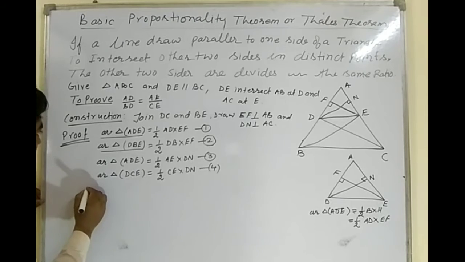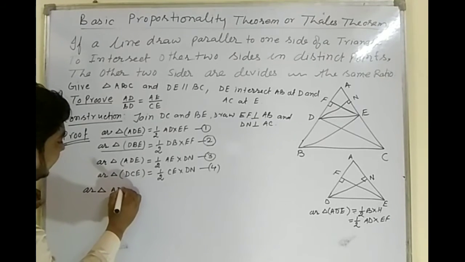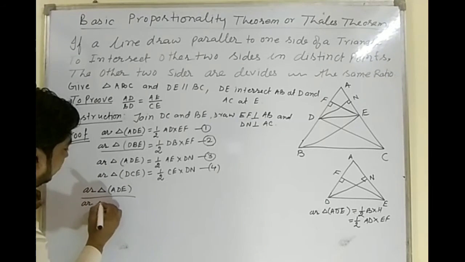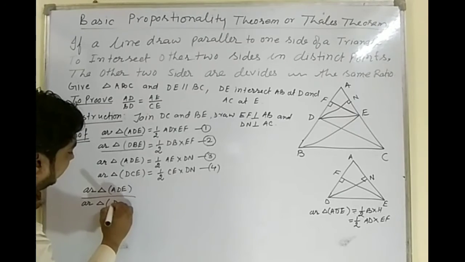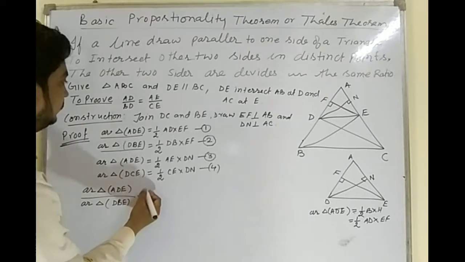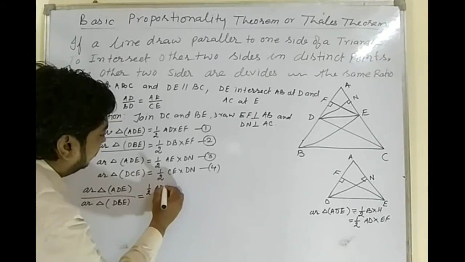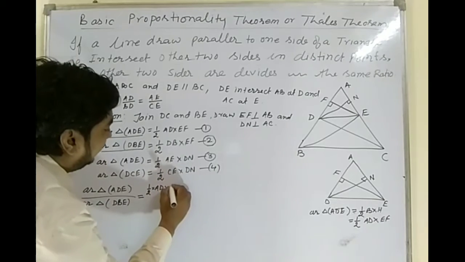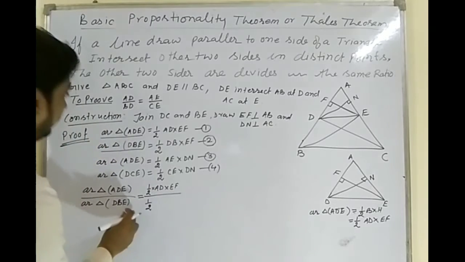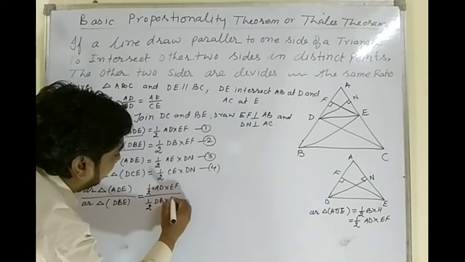Now area of triangle ADE divided by area of triangle DBE equals 1 by 2 AD into EF divided by 1 by 2 DB into EF.